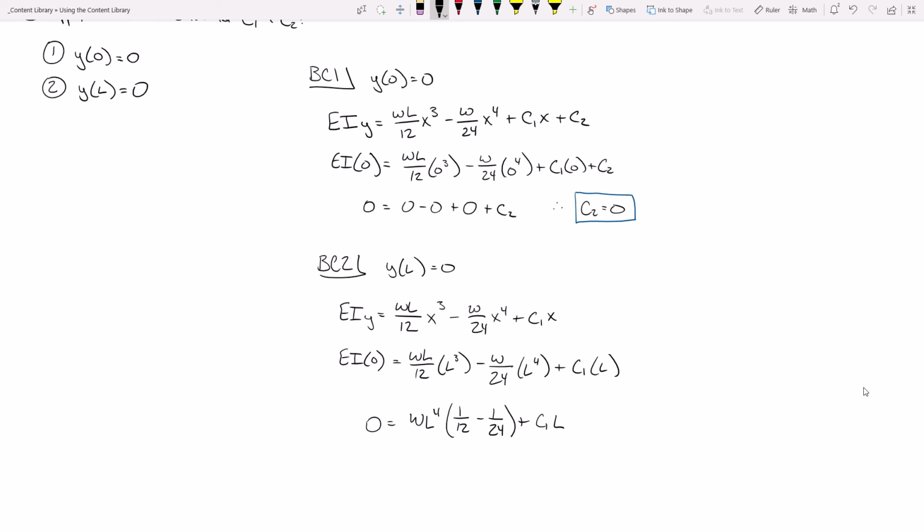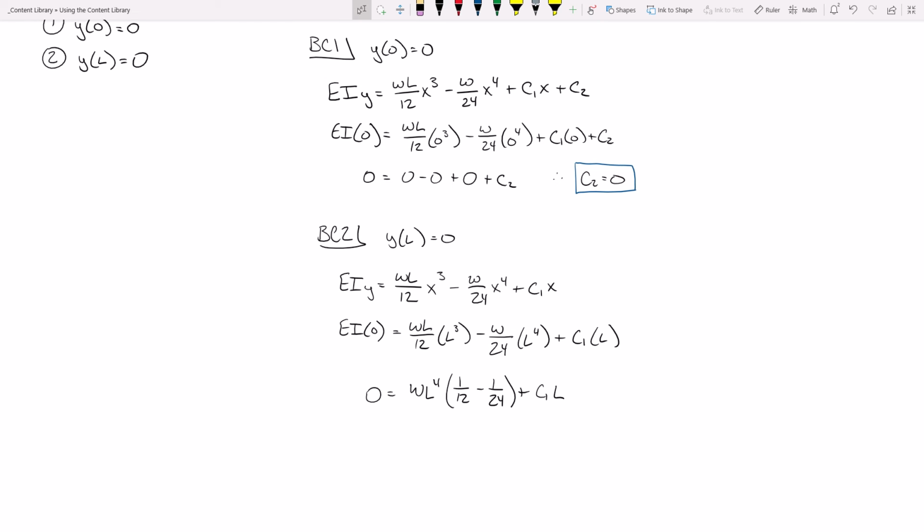And what is 1/12 minus 1/24? 1/24. So I get 0 equals WL to the fourth over 24 plus C1L. Subtract, negative C1L is WL to the fourth over 24. So C1 is negative WL to the third over 24.